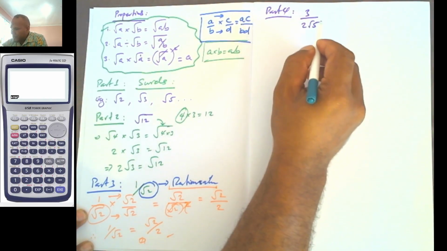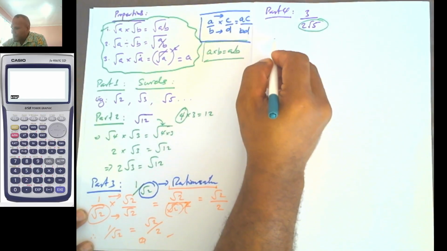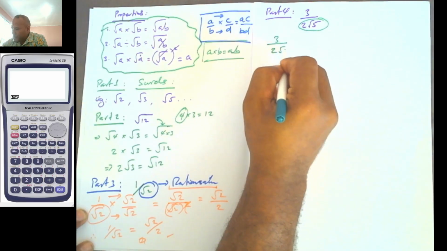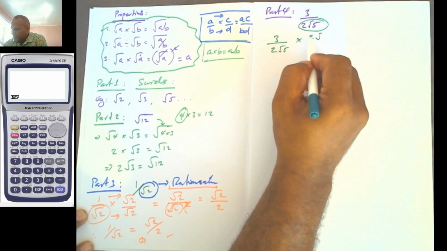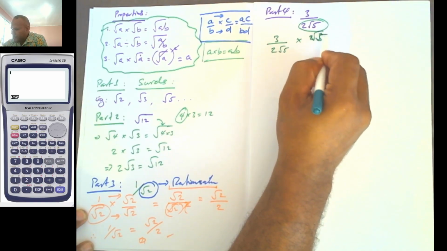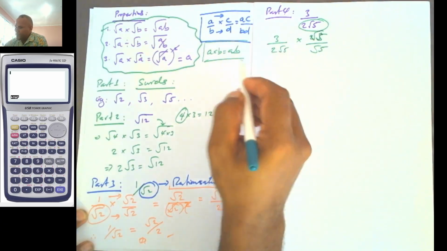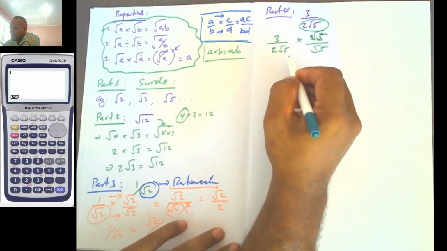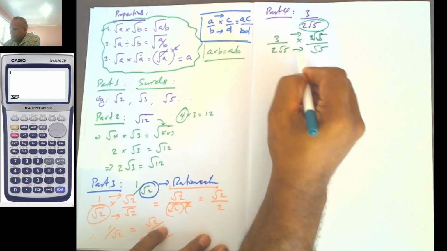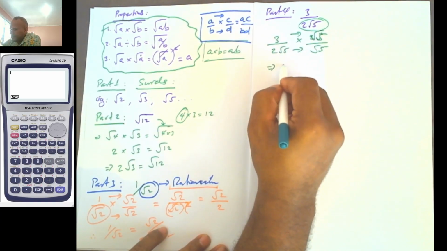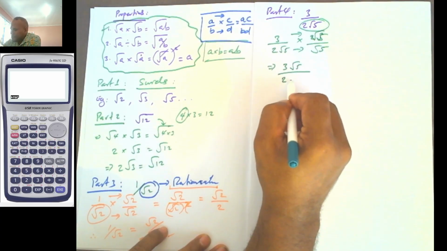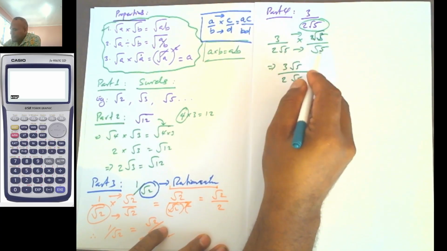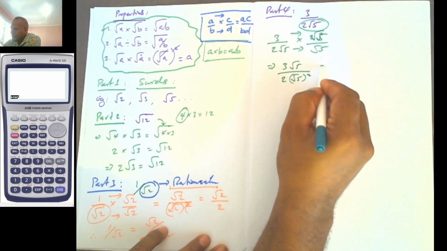The concept is the same. I want to get rid of the denominator, so this is 3 over 2 root 5 multiplied by the square root function, which is square root of 5 over square root of 5. A fraction times a fraction, we multiply straight. So this is 3 square root of 5 over 2 square root of 5 times square root of 5, which is square root of 5 squared.